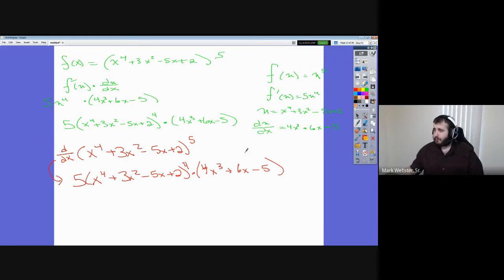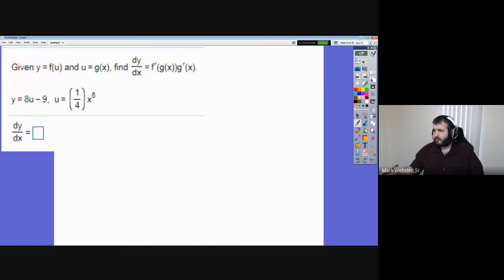Okay, what I want to do is go over some examples. I've stolen these from Math Excel, and what they're having us do is give you this y, which they tell you is f of u. They give you your u.